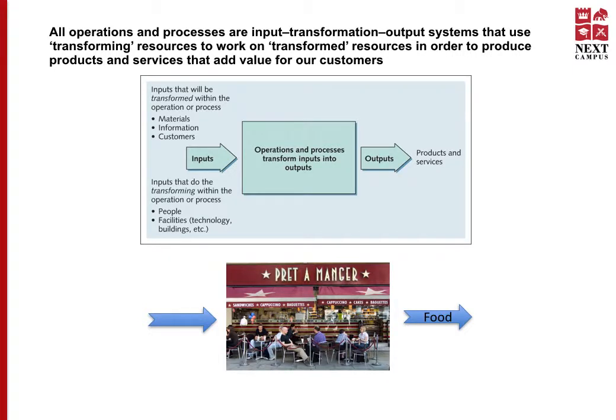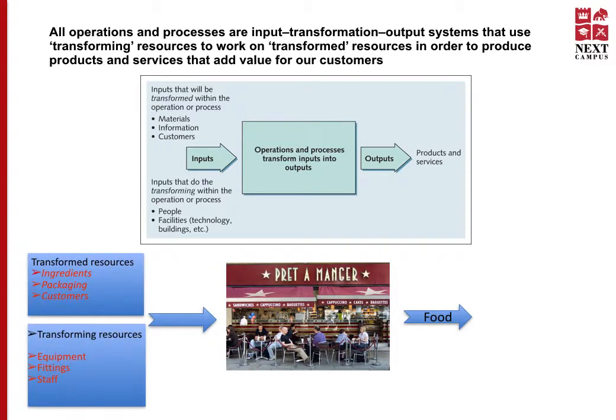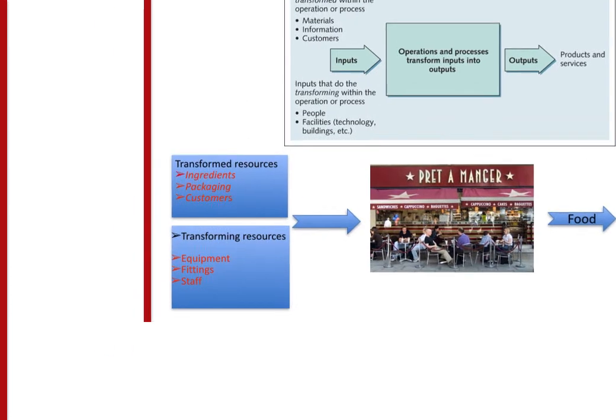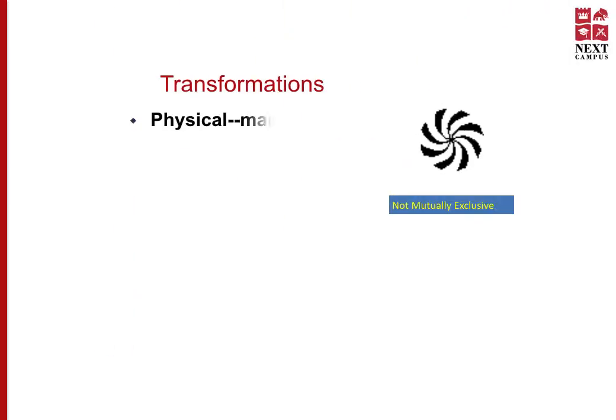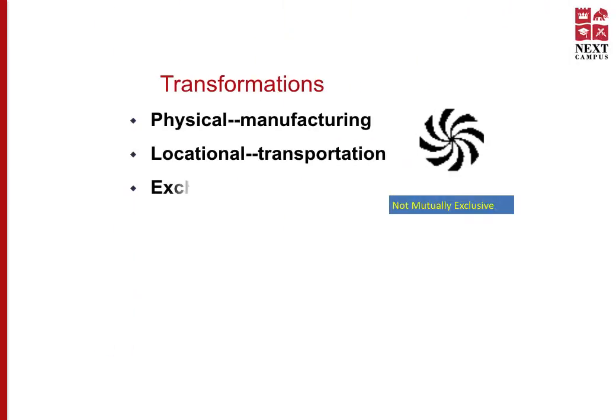All operations and processes are input, transformation, output systems that use transforming resources to work on transformed resources in order to produce products and services that add value for our customers. So what are the examples of transformations?